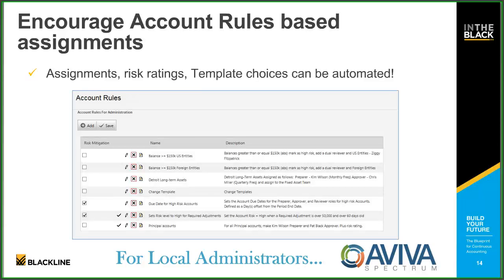Another example is, let's say there's one individual in the company who reconciles goodwill or paid in capital. You can identify those types of GL accounts, and when a new reconciliation is created, BlackLine will automatically assign it to that individual. So lots of opportunities here. So thanks.